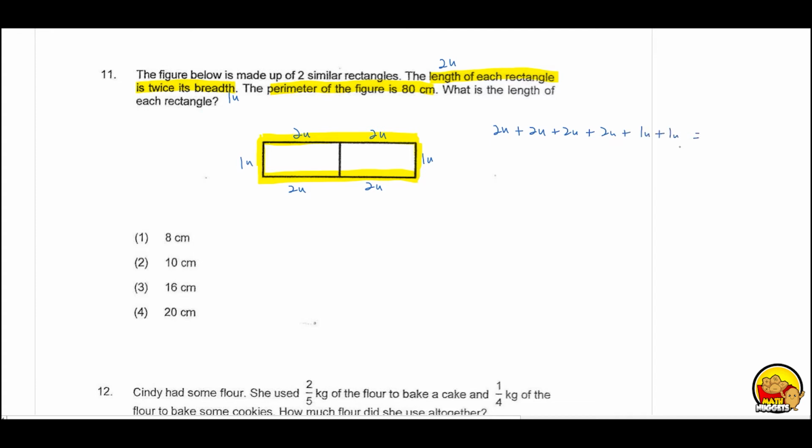That's how many units? 2, 4, 6, 8, 10. 10 units make up the perimeter, which is 80 centimeters. So 1 unit would be 80 divided by 10, which gives you 8. So we're trying to find the length of each rectangle, which is 2 units. So you take 8 times 2. The answer is 16, option 3.